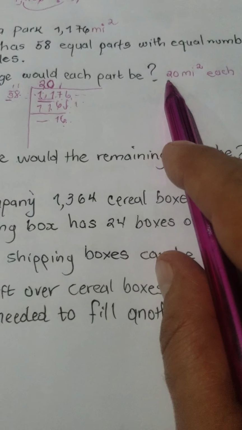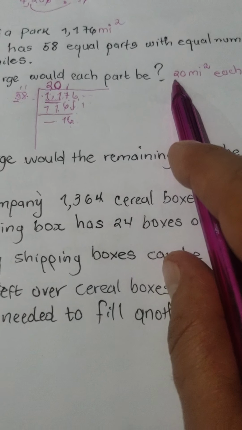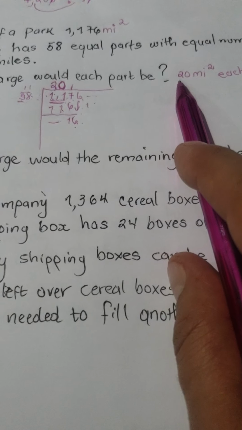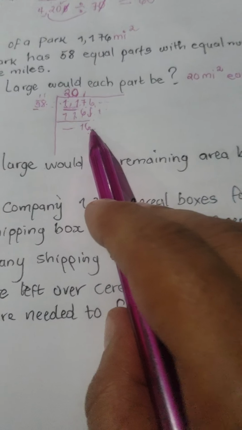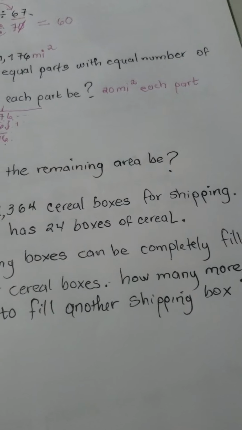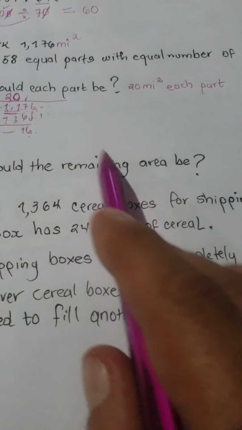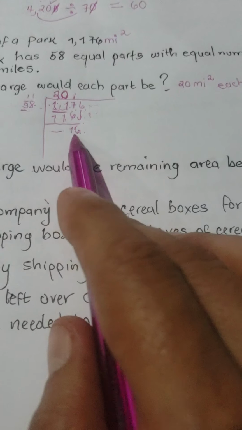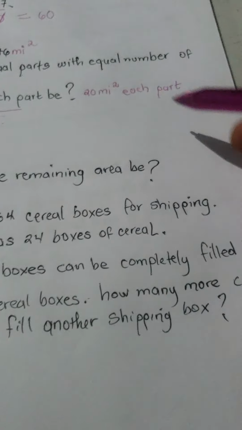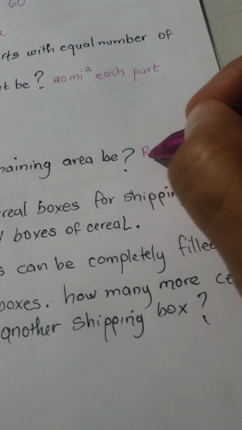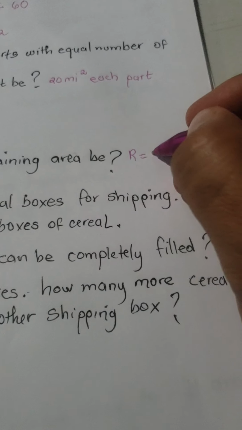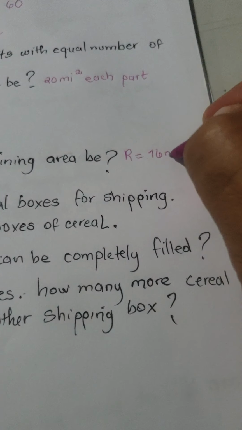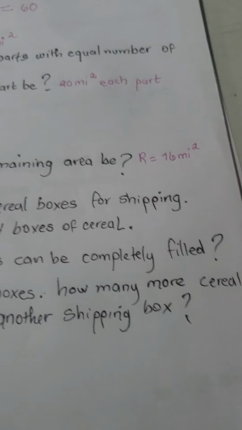So how can we know the square miles missing for the other part? Well, the remaining area is 16. So this is the answer. The remaining area is 16 square miles.